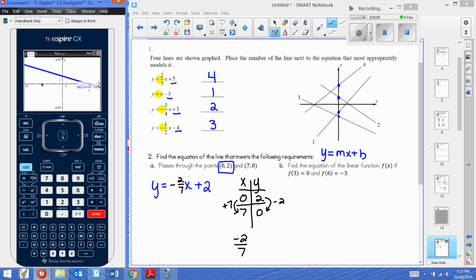And hit enter. It might be a little tricky to see, so I always like to look at my table by pressing Control-T first. I'm going to go up the table, and as you can see, there's the point (0, 2). Let's go down the table, and there we have the point (7, 0). So this is just a really nice way that we can use our technology to help check.